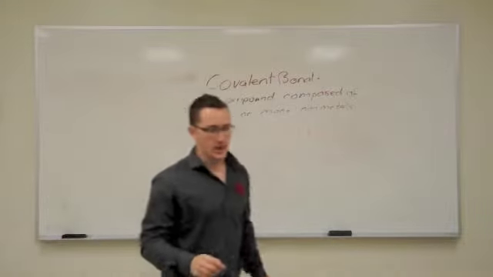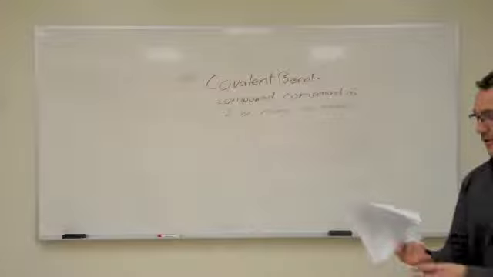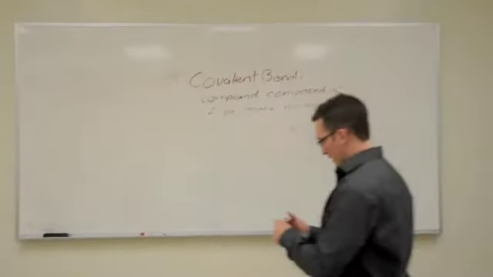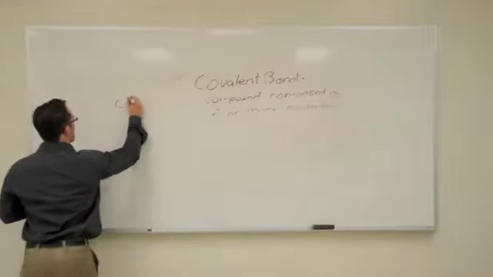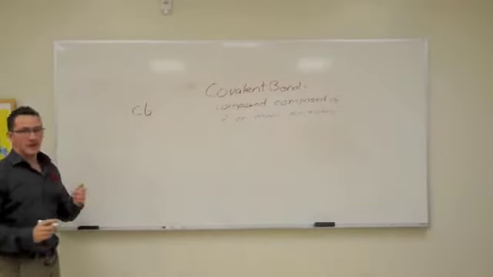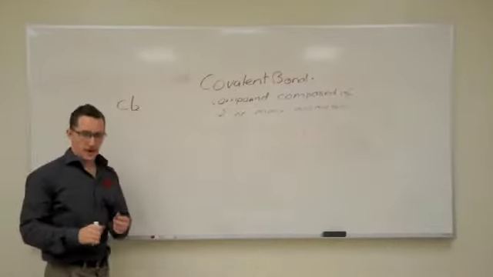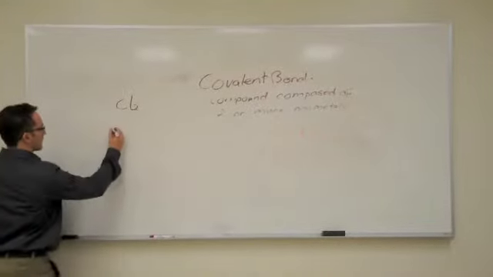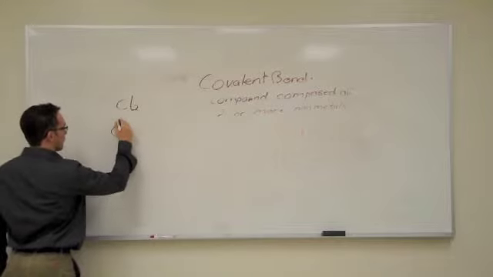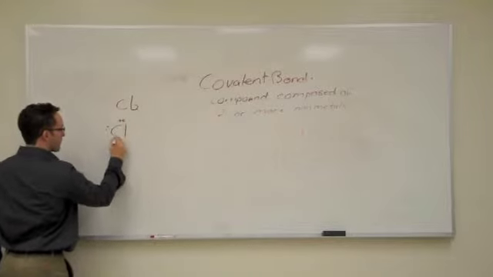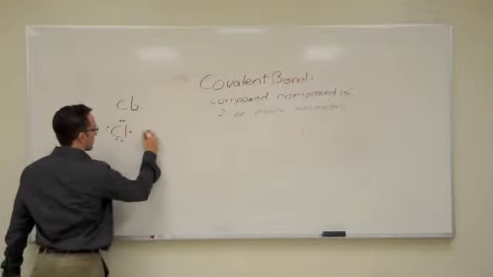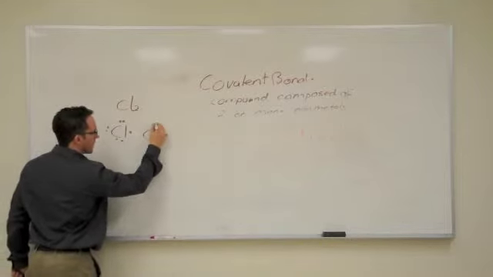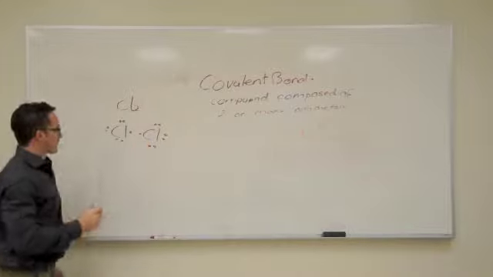So the first example you have in your package here that I've handed out is chlorine gas, Cl2. How many valence electrons in chlorine? 7. 1, 2, 3, 4, 5, 6, 7.